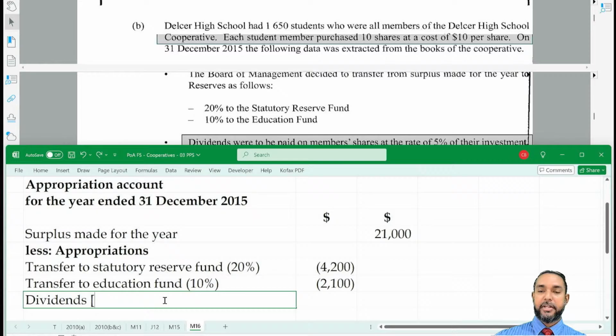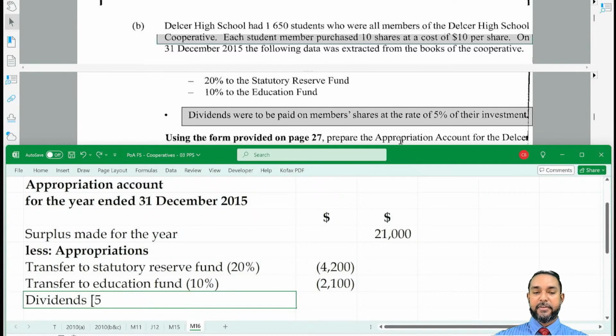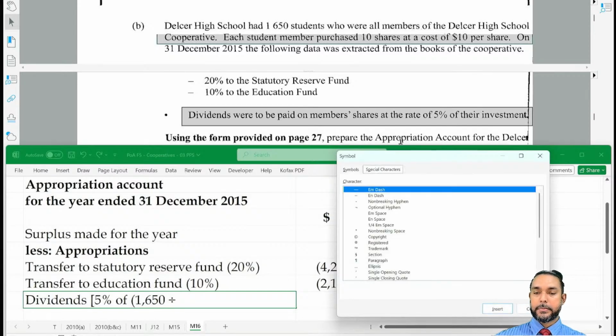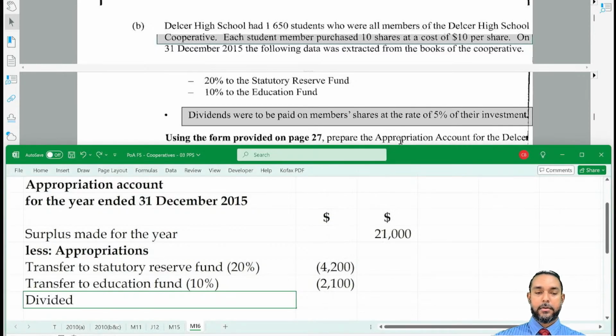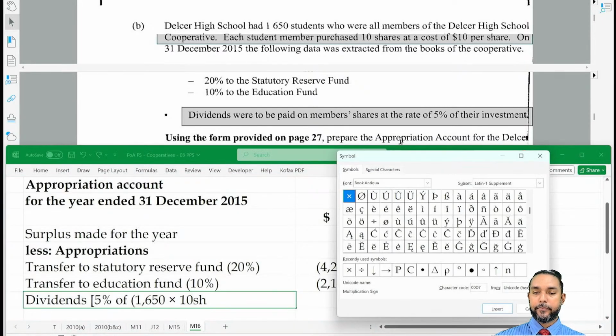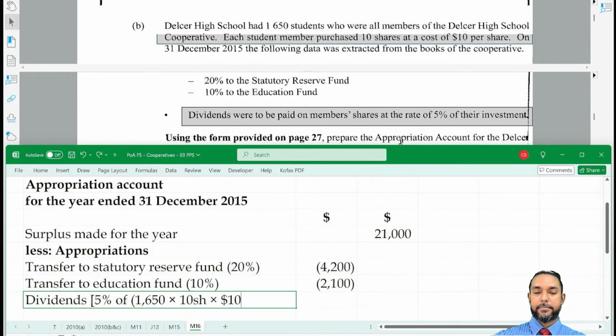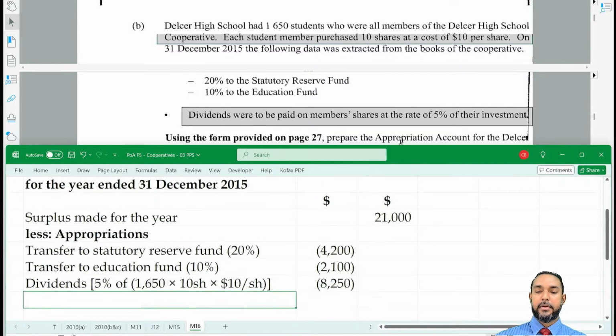So the dividend rate is 5% of their investment, 5% of 1650 multiplied by 10 shares multiplied by $10 per share. Right, okay, cool. So 5% of 1650 by 10 by 10 is 8250.